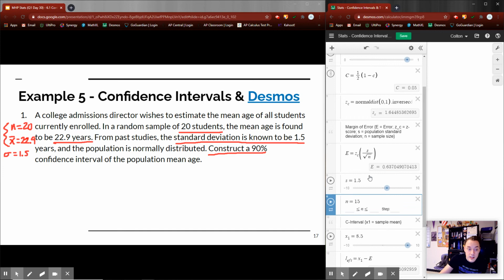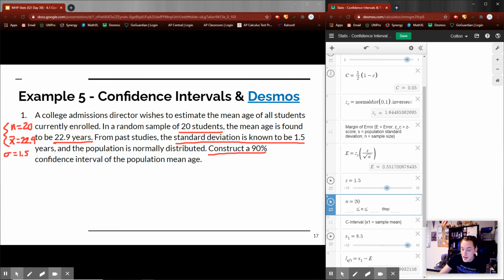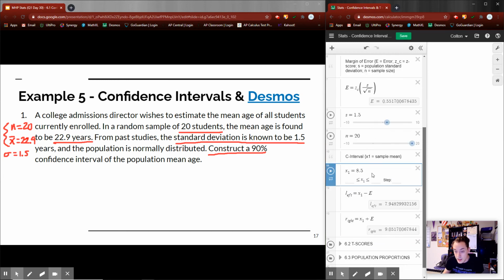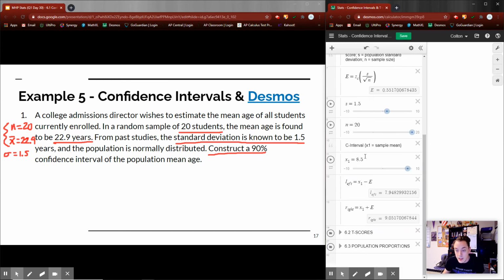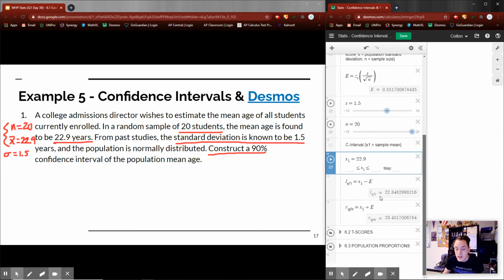And then the sample size is going to be 20. Now I go down more because I need to change my sample mean, x-bar. What is my sample mean? They give it to us, it's 22.9. So I'm going to change that to 22.9 and then voila, they give you your interval.